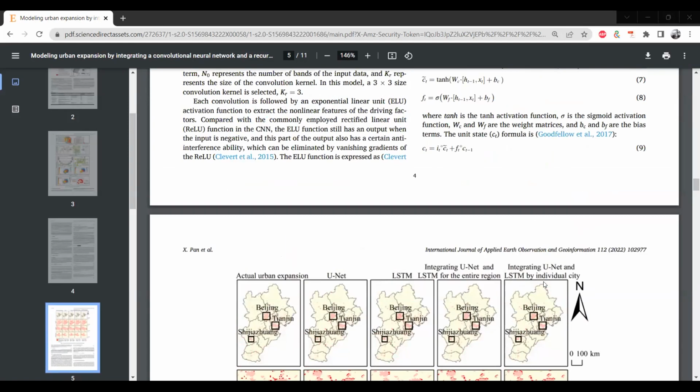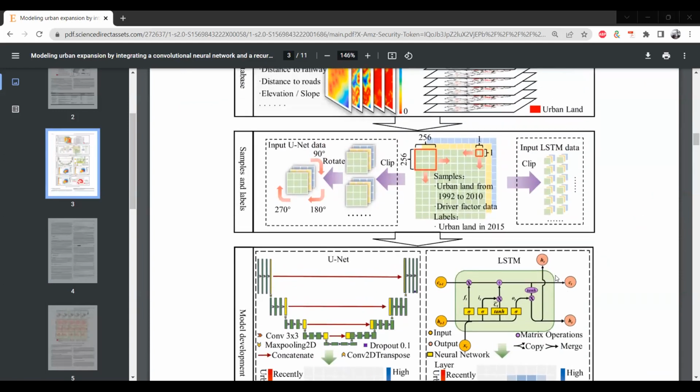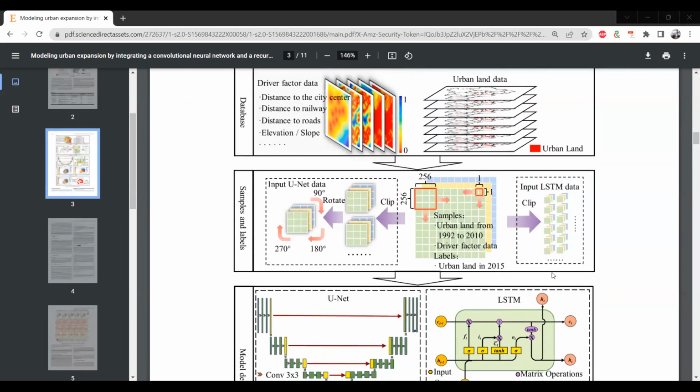So I will come back to this part, where it explains how the data was processed and how they constructed the model. Each of the variables was normalized, as I said, from the range 0 to 1, and the driver factor layers were sliced into small data cubes.